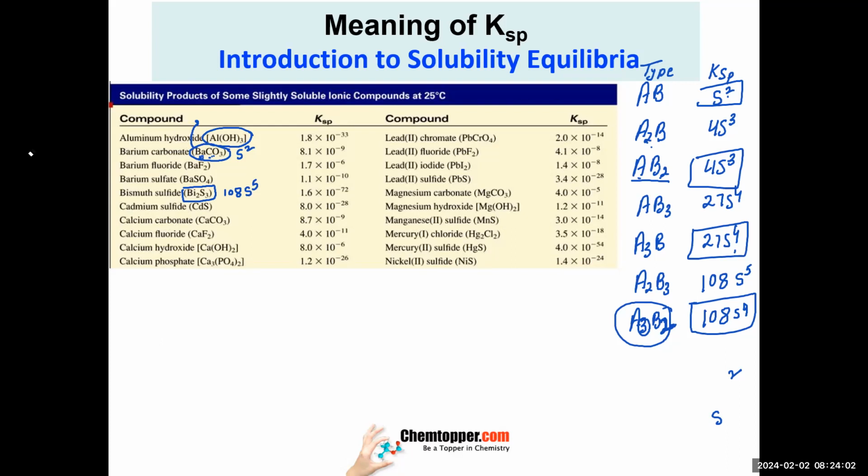AB3. What is Ksp? Yeah, 27 S raised to power 4. What type of salt is this? So Ksp in terms of S is 4s cubed. So this thing is very much clear to us.